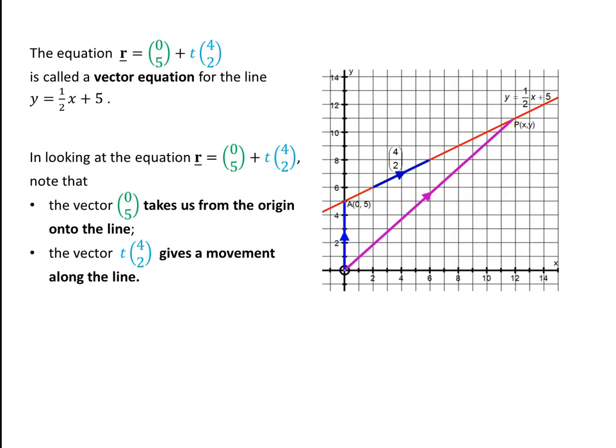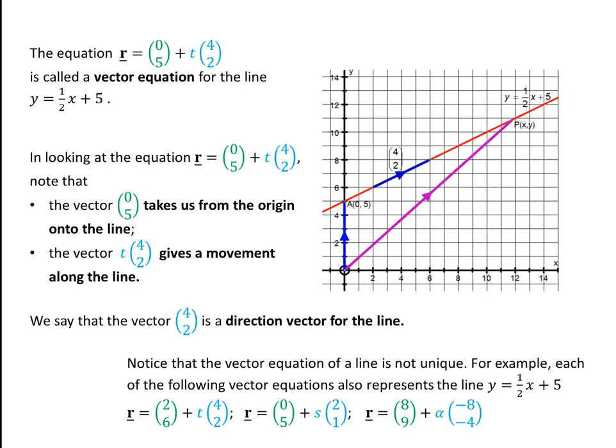And then we have a movement t times (4, 2), which gives us the movement along the line from A to P. We say that the vector (4, 2) is a direction vector for the line. It's a vector which is in the same direction as that of the line.